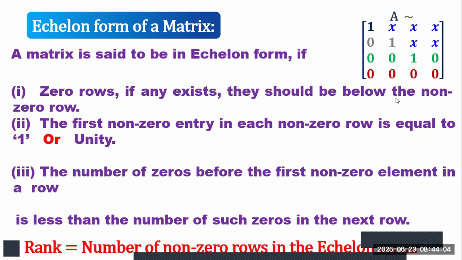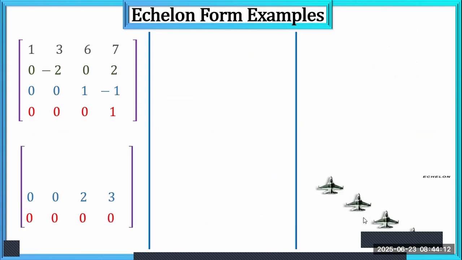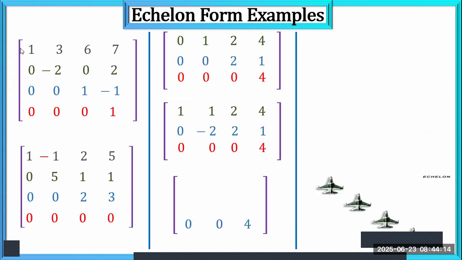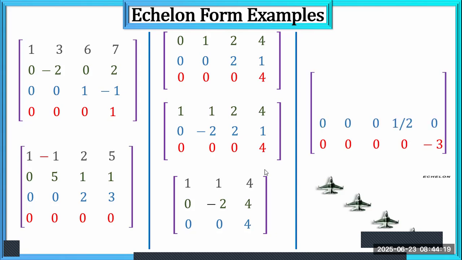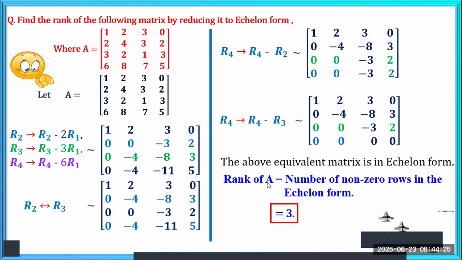Finally, the rank of the matrix equals the number of non-zero rows in an echelon form. So this is the formation, and this is the left-handed echelon form.